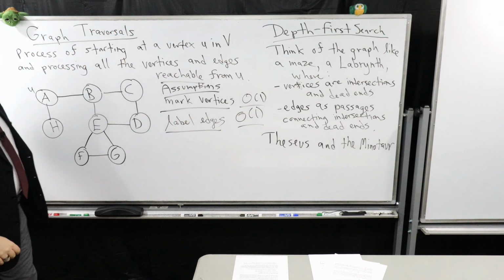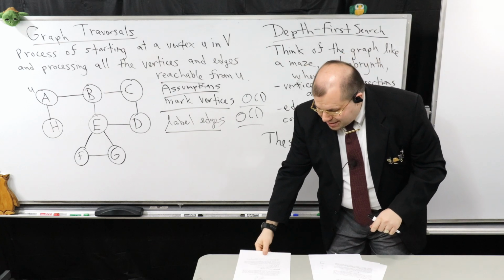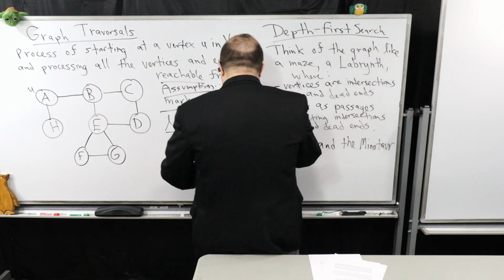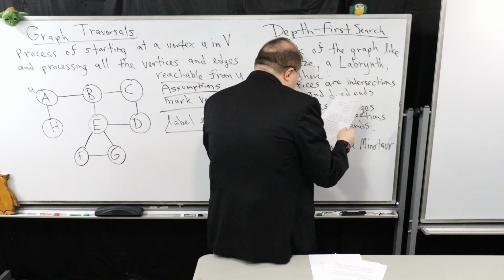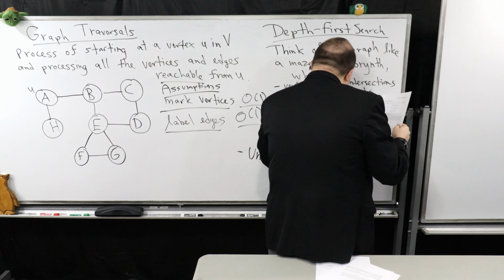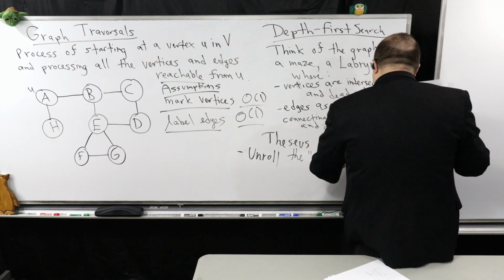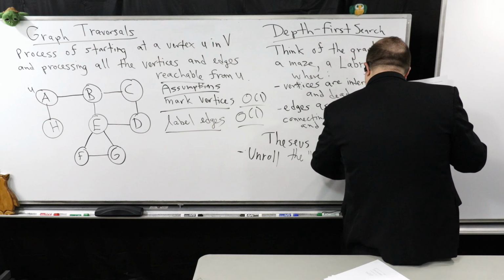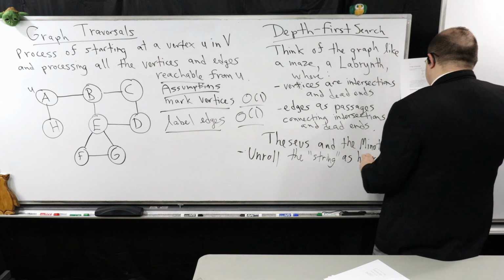So here's the idea. What we're going to do, we're going to unroll the string. So we're going to imagine we're Theseus going to go explore the labyrinth. So we're going to unroll the string as he explores.